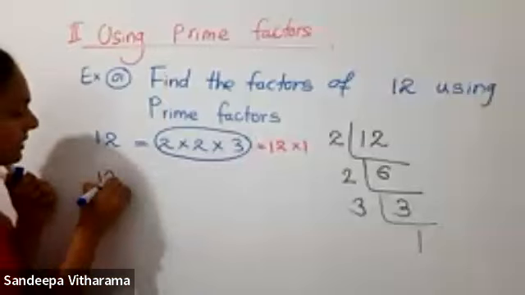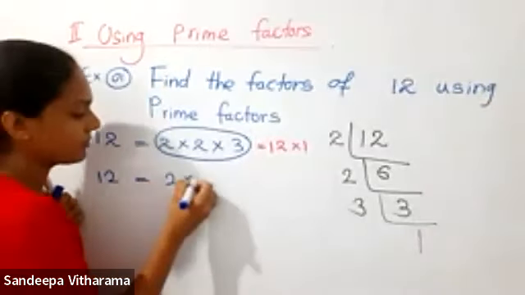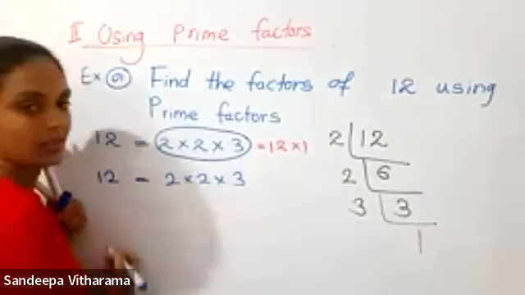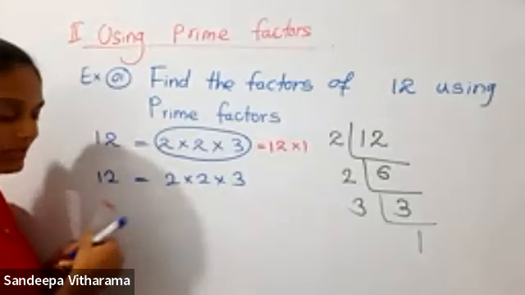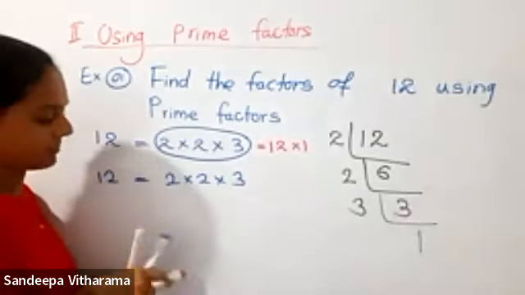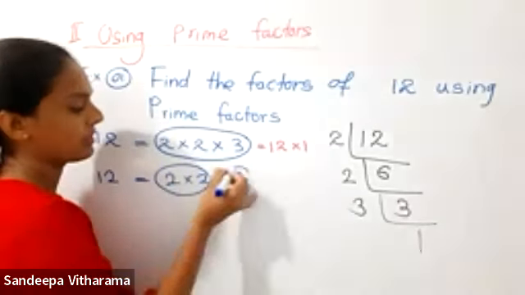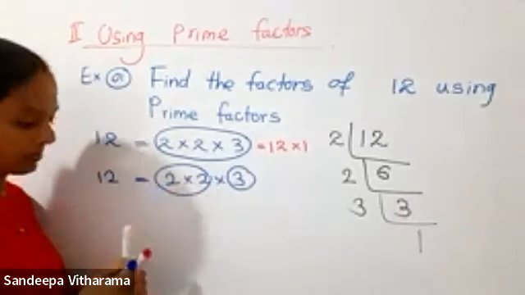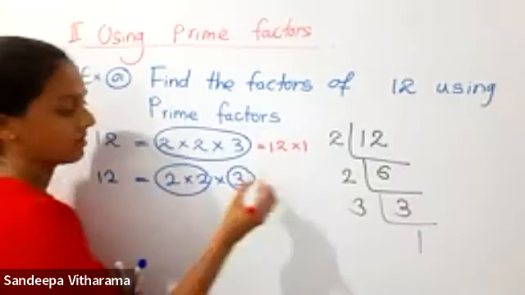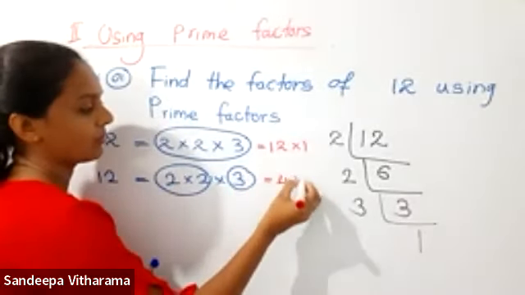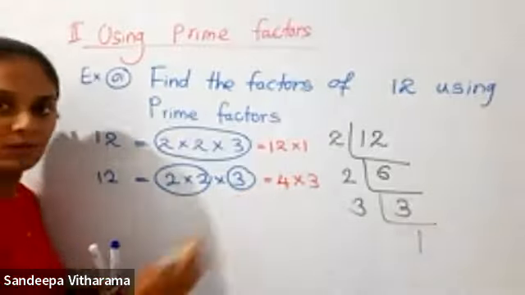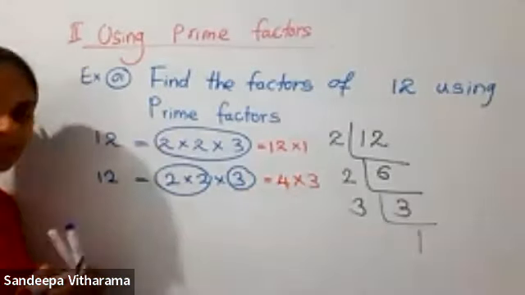Now 12 is equal to 2 into 2 into 3. Now I take only 2 into 2, which is 4. 4 into 3 we can obtain 12.